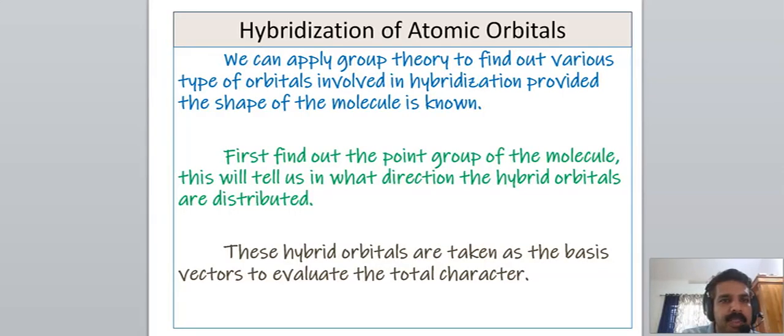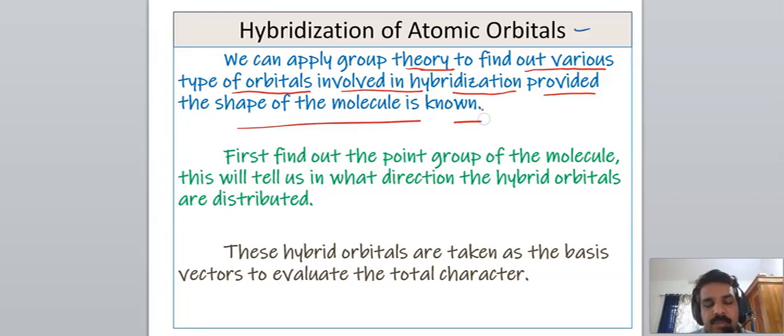Hybridization of atomic orbitals. We can apply group theory to find out the various types of orbitals involved in the hybridization, provided the shape of the molecule is known. We want to know first the shape of the molecule, then we can find out which orbitals are involved in the hybridization.